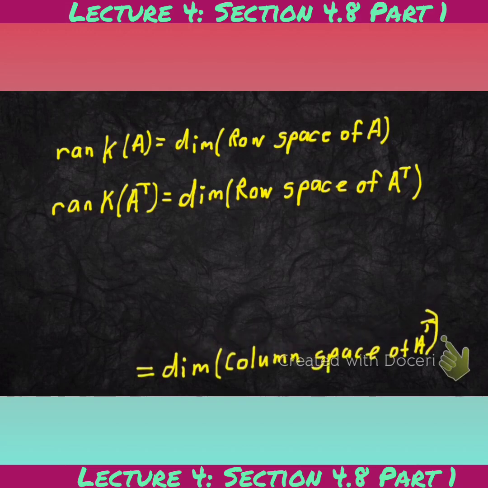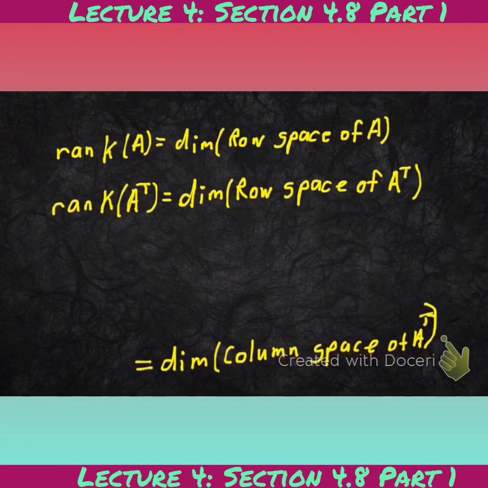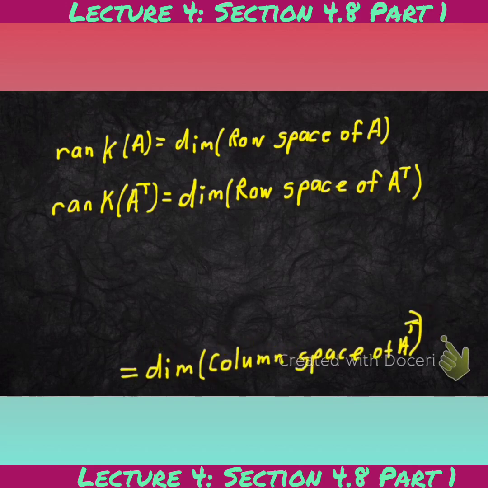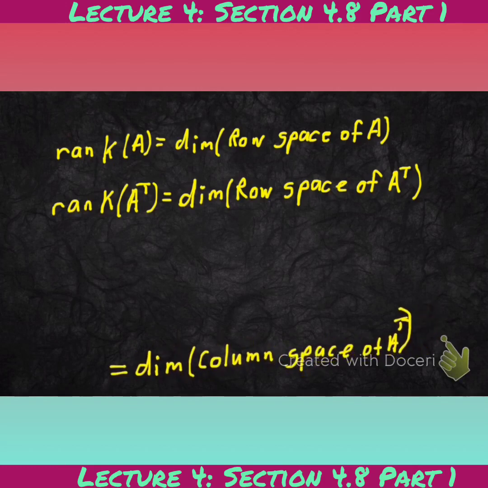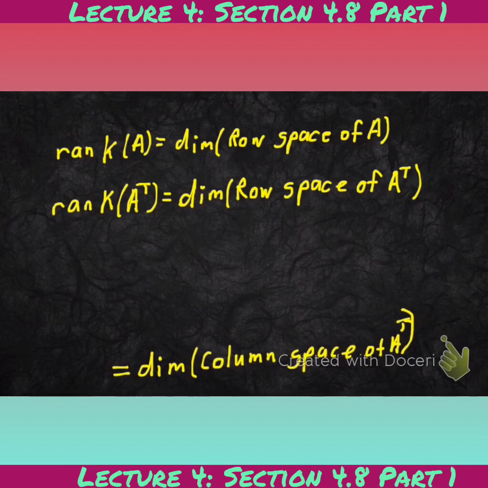Now we know that to find the dimension of the row space of A's transpose, you take A's transpose, write down its reduced row echelon form, and count the number of leading ones.